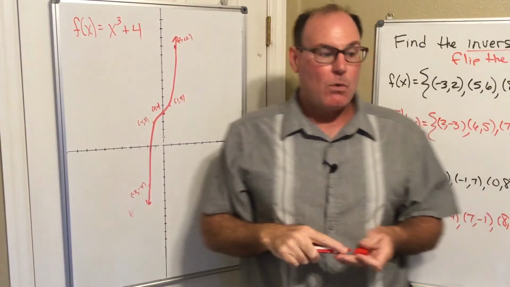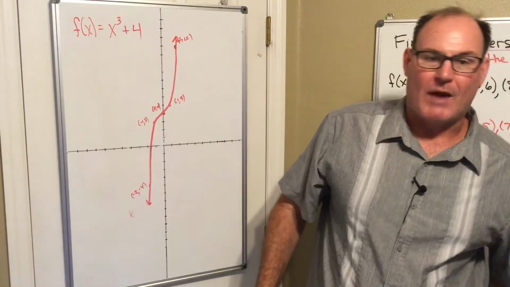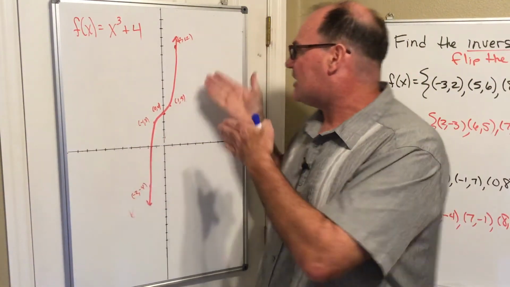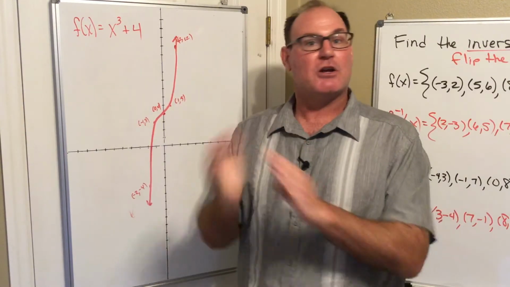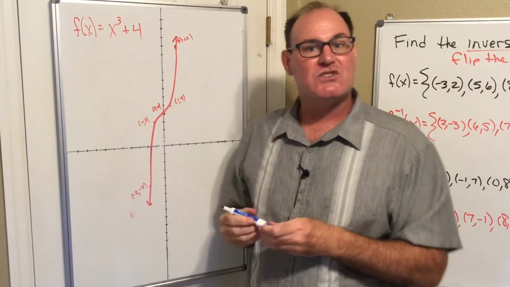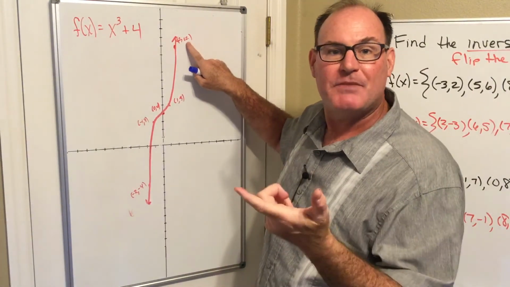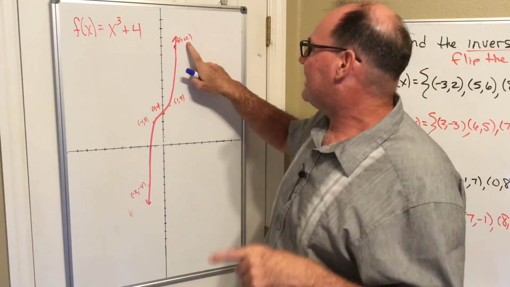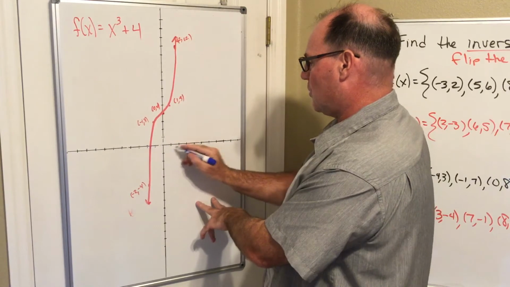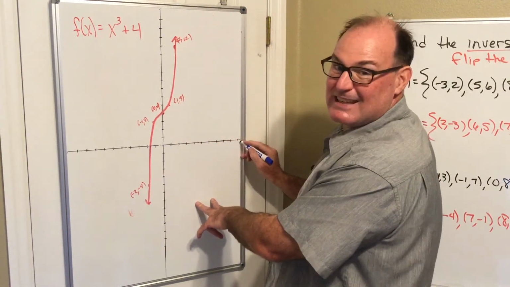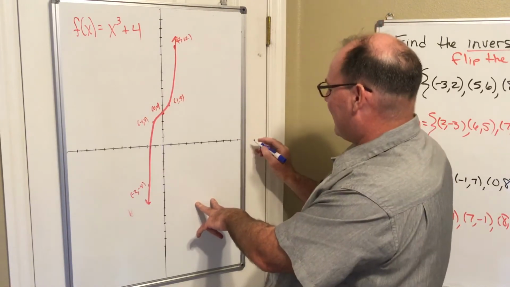Okay, so now we are going to graph the inverse of this. And all that means is I'm going to take each x value and y value, flip them, and have new points. So instead of the point (2, 12), when I flip the x value and the y value, it's going to be (12, 2). So 1, 2, 3, 4, 5, 6, 7, 8, 9, 10. Oops, didn't think that through, did I? And then 11, 12.